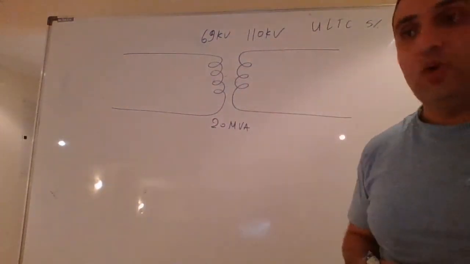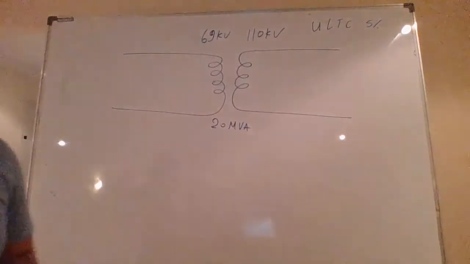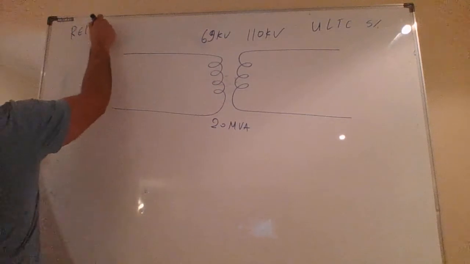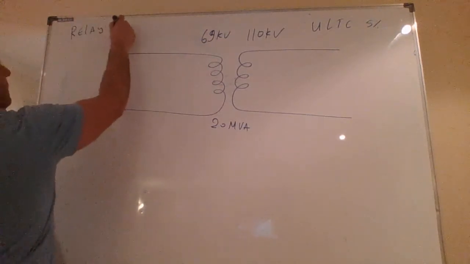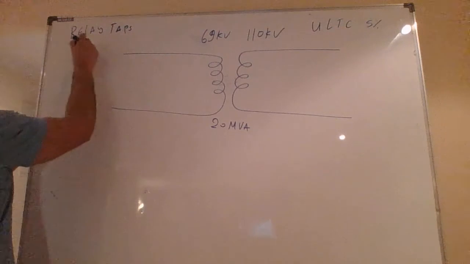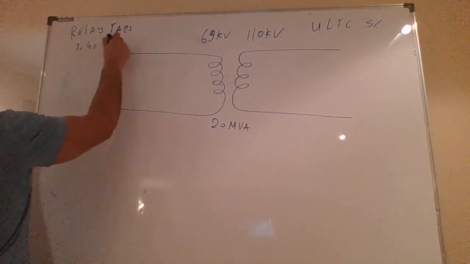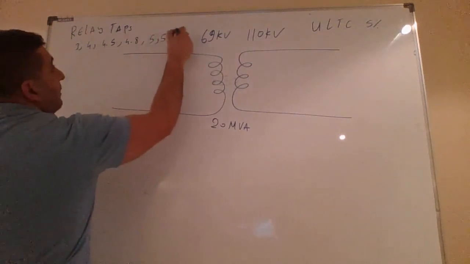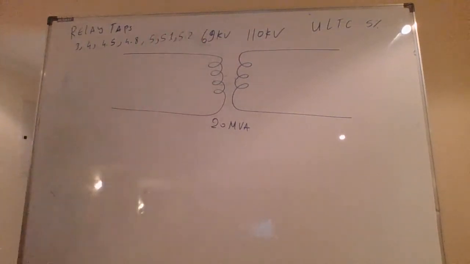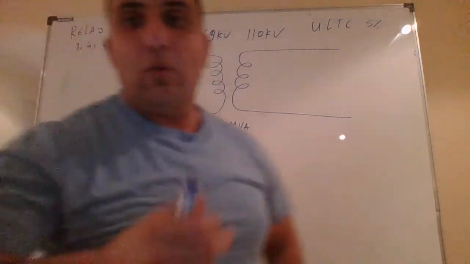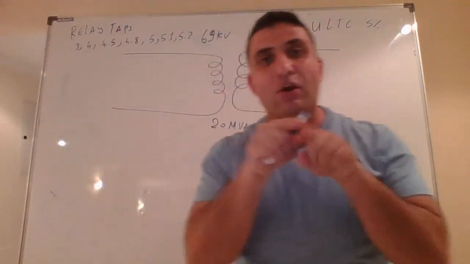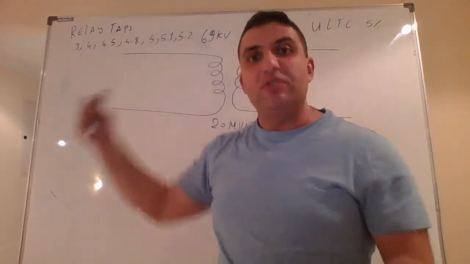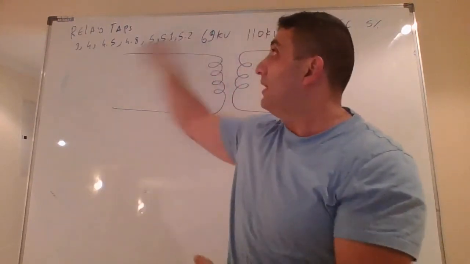We are going to use a relay with the following taps: 3 amps, 4 amps, 4.5, 4.8, 5, 5.1, 5.2 amps. Whenever you obtain a relay, it has these tap options. Why do we choose this step? You will see how to use these steps in part of the question.